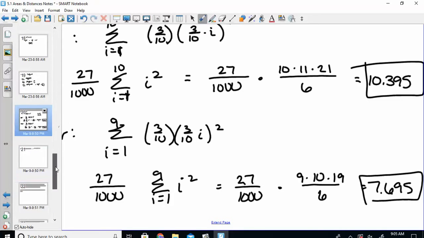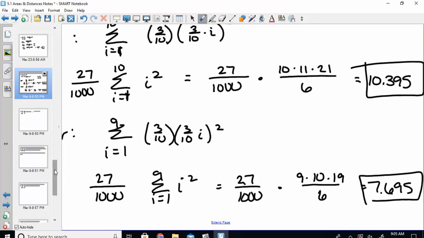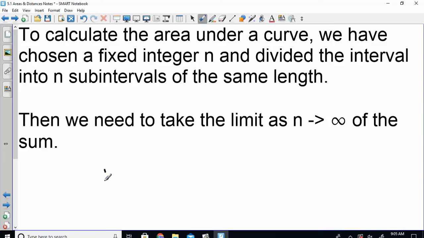So let's go to this. We have been finding the area under the curve in all of these problems, but we know this is an estimate. We know the more rectangles we have, the better, but with just a fixed number, it's never going to be exact.